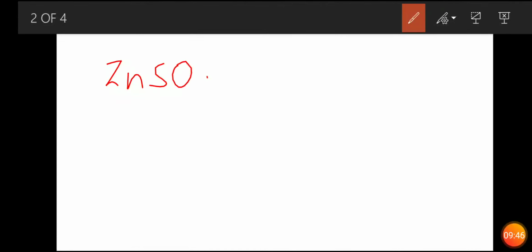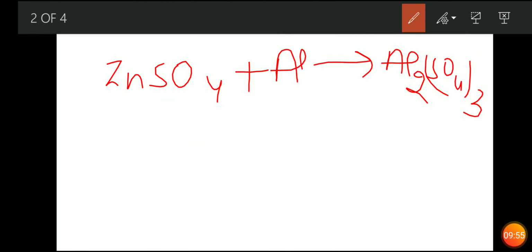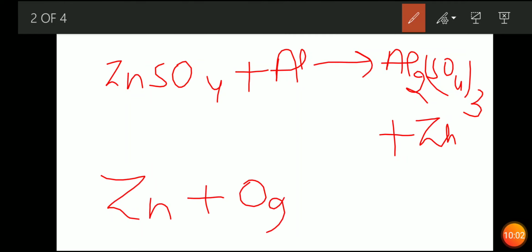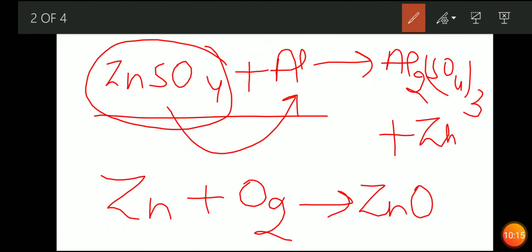We can say that ZnSO4 plus aluminium gives Al2(SO4)3 plus zinc. But if we talk about Zn plus O2, it will form ZnO. So what is the difference? Here it is a combination reaction, because this ZnSO4 is reacting with aluminium.